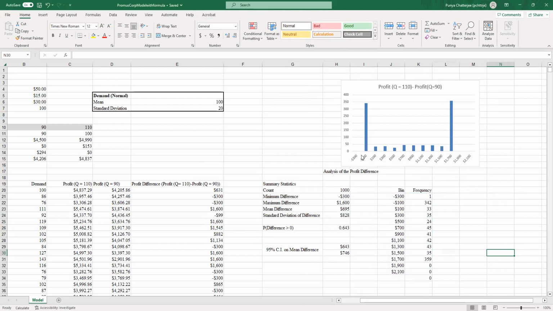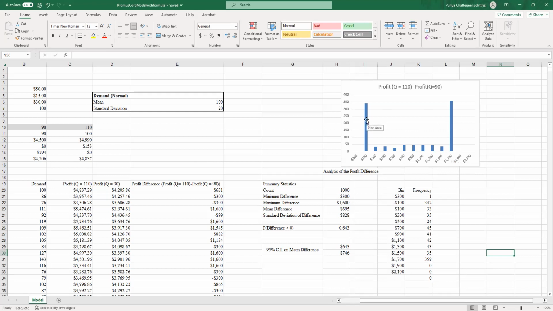So there is a high chance that 90 would be better, and there is a high chance that 110 will be better, and not only will it be better, it will be $1,700 better. So you can earn up to 1,700 more profit by choosing replenishment level 110.